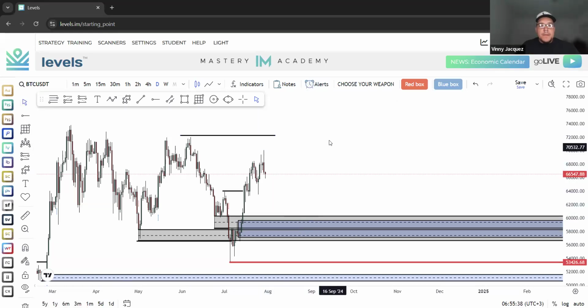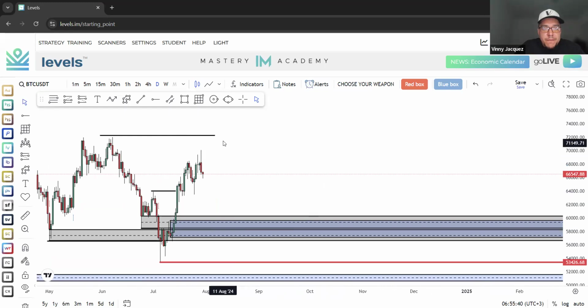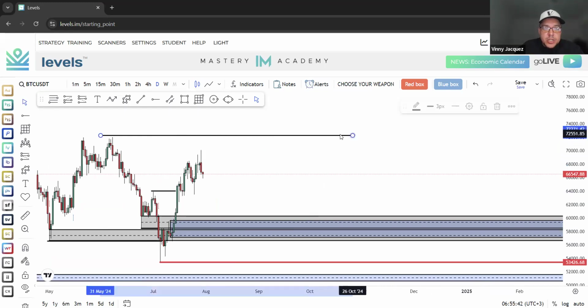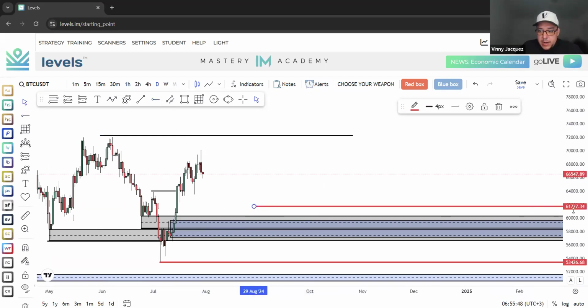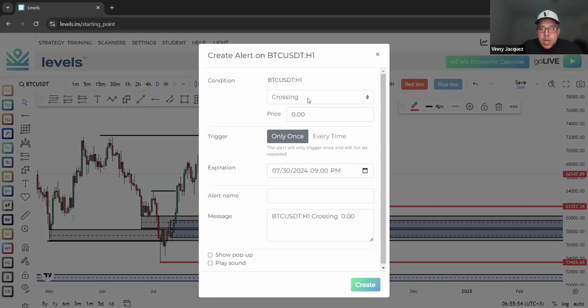If you haven't purchased or invested into TradingView, guys, what you can do is use the alerts on levels. I'm gonna put a line right here, and I'm gonna use this number. I'll go to alerts, create alert. I want it crossing down, price is 61727.34.